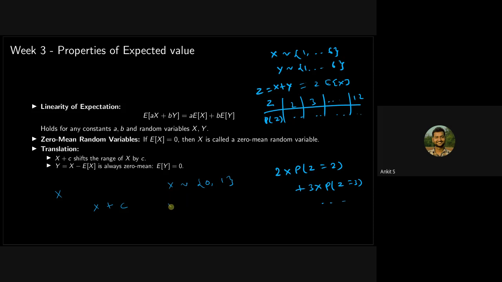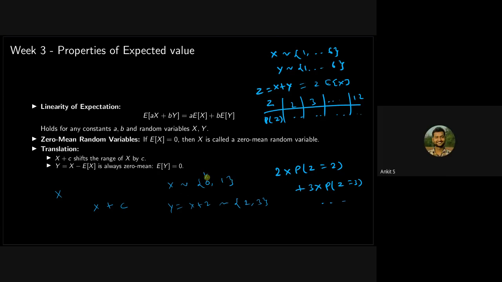So you translate x plus 2. So what will it become? y will become 2 and 3, right? So when you translate it like this, how will the expected value change? What will be the expected value of y? First of all, what is the expected value of x? 0 and 1.